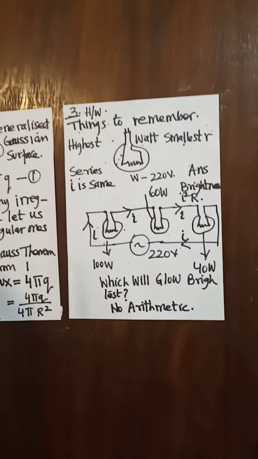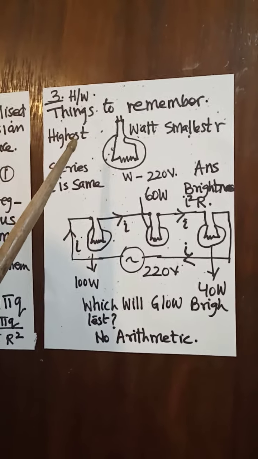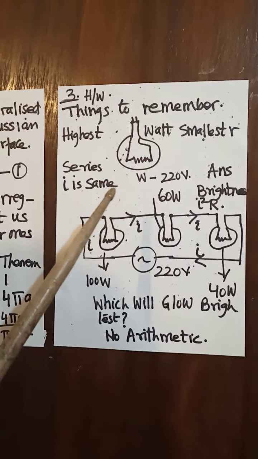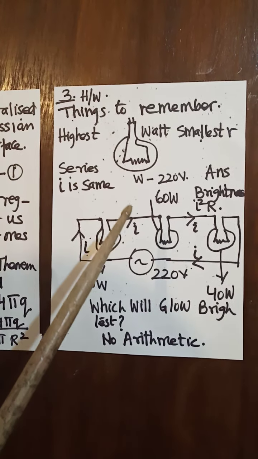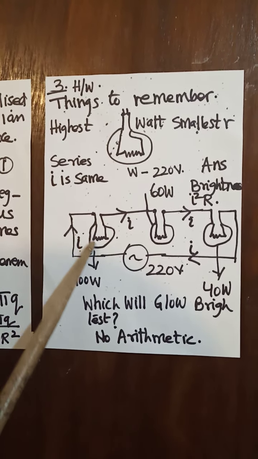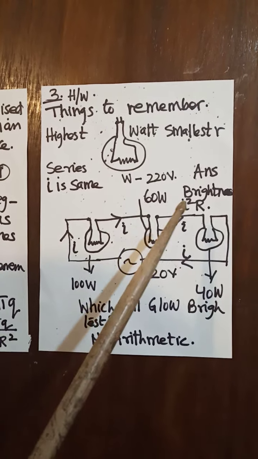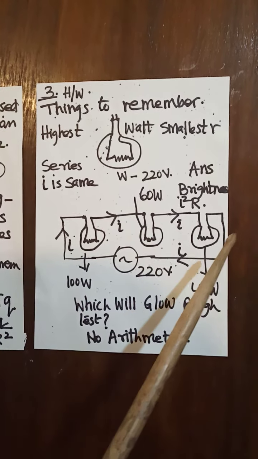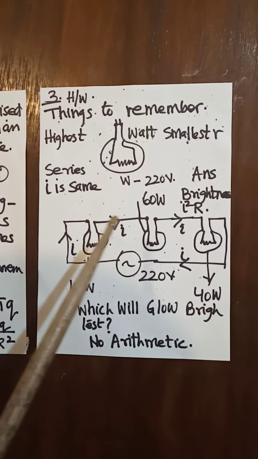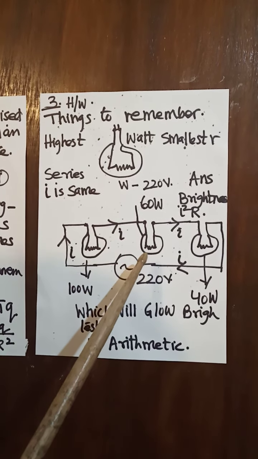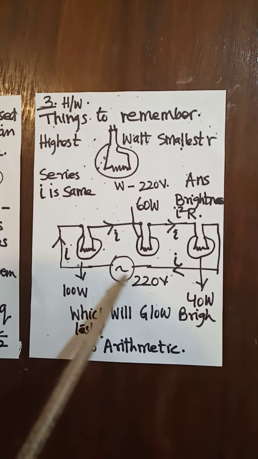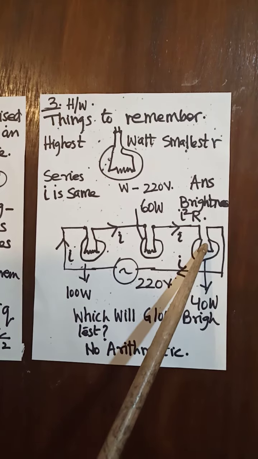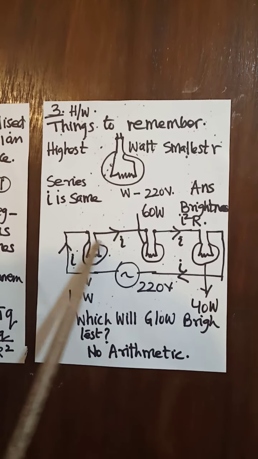Now we will come to a problem that I gave you some time back on current electricity. See, this is an electric bulb you have at home. So this is 100 watt, this is 60 watt, and this is 40 watts. Then I ask you, which one will be the brightest when the bulbs are connected not in parallel but in series?